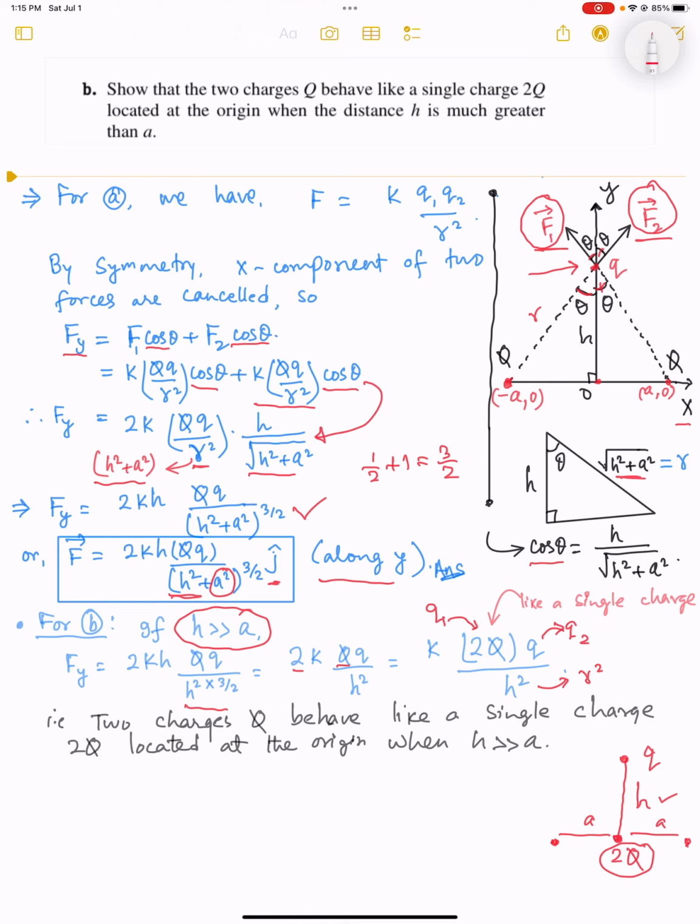So that is nothing but the two charges Q behaving like a single charge 2Q located at the origin when h is very, very large compared to a. So it's kind of an interesting problem which you can solve easily. Thank you.